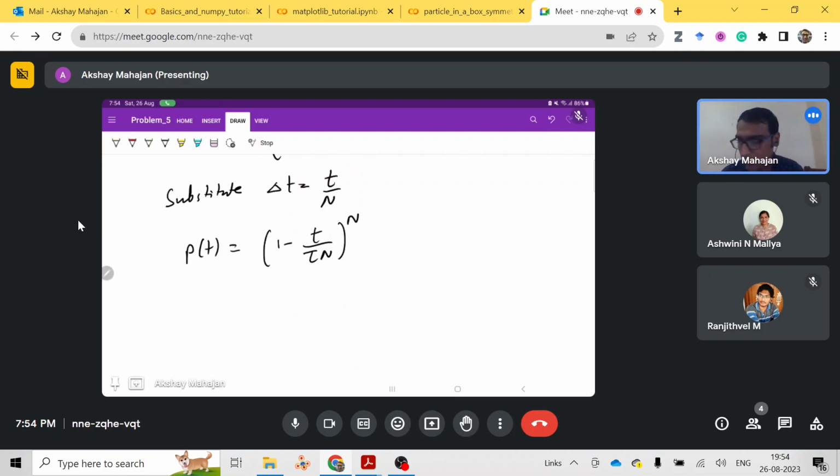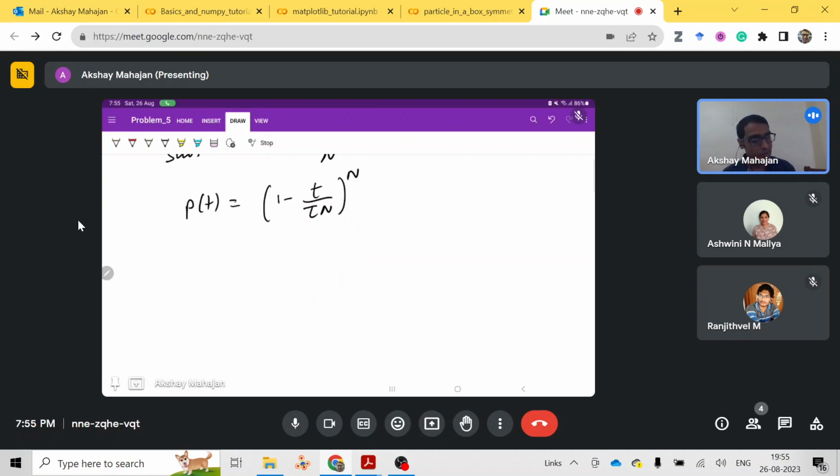So now we have this probability. We consider that n is tending to infinity, so these are infinite sections we have made from 0 to t. Now for n tends to infinity, P of t will become the limit n tends to infinity of 1 minus t by tau n, whole to the power n.